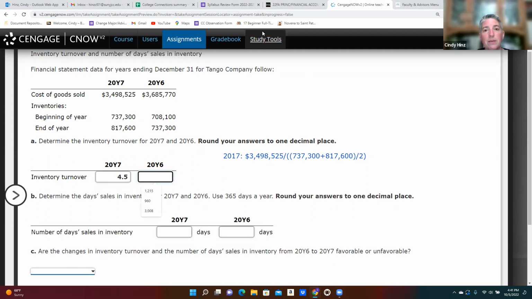And then we're going to do that same calculation for 2016. So average inventory in the denominator.